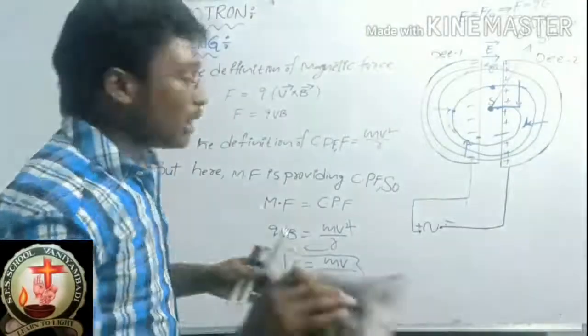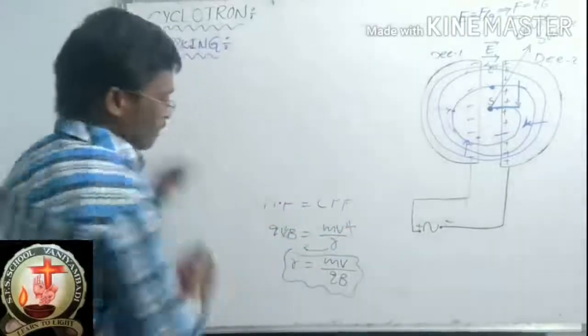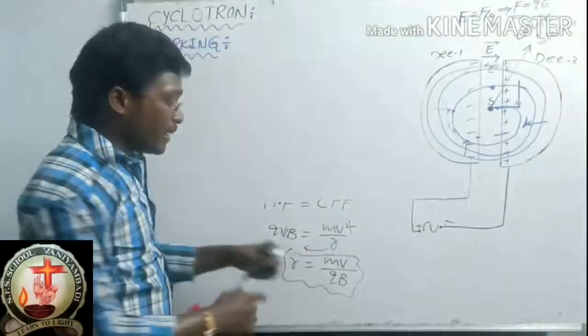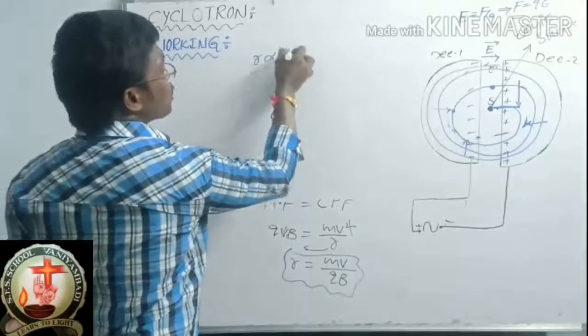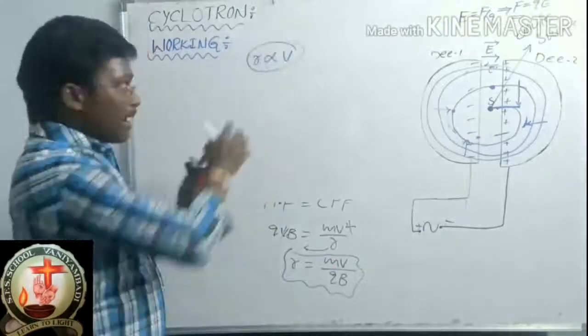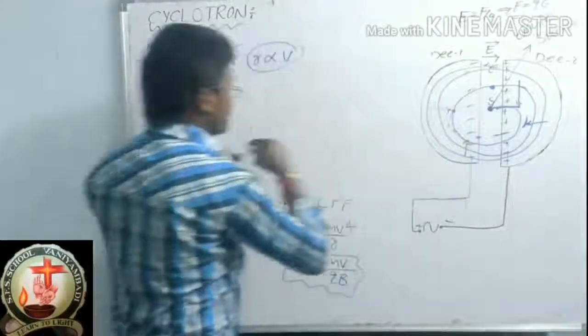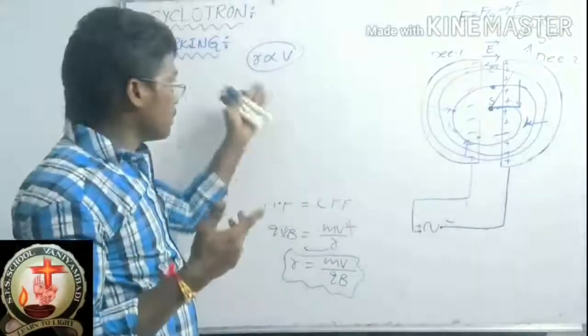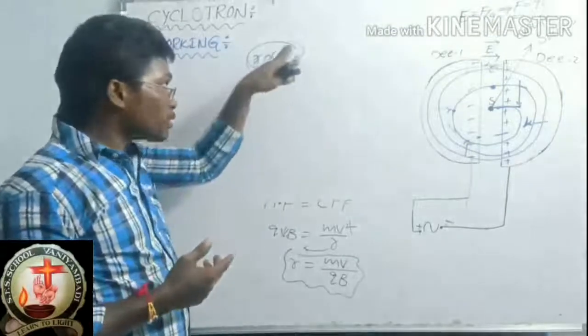Here what you have to remember is R is equal to m v by q B. What does that mean? R is directly proportional to velocity. That means if the radius increases, velocity also increases. If the radius decreases, velocity also decreases.